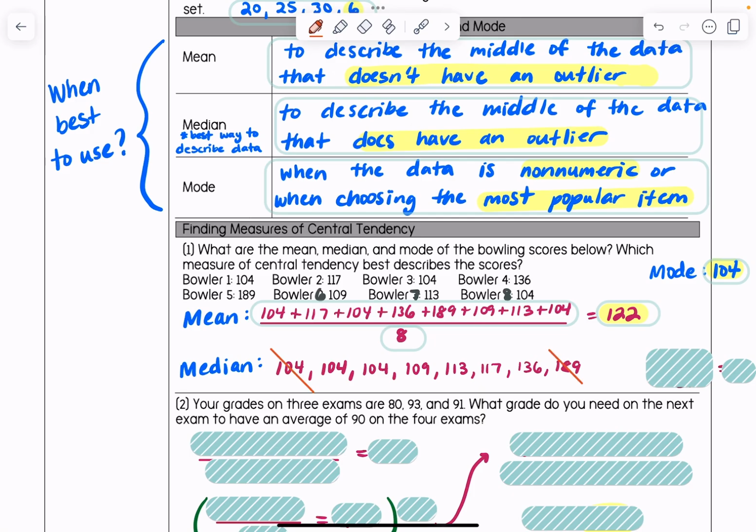So I'm going to cross one off here, one off here, one off here, one off here, one off here, one off here. So I'm left over with 2 numbers because there's an even number of data values. When that happens, here's what you're going to do. Draw an arrow. You're going to add those 2 numbers and divide by 2, or take the average of those 2 numbers, which is 111.